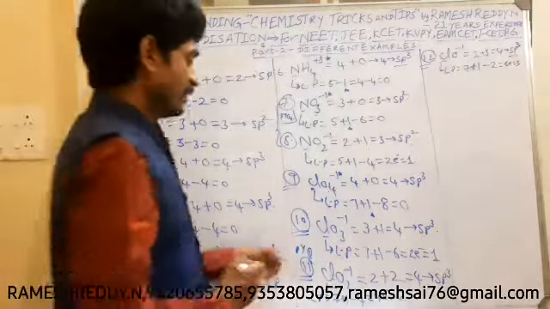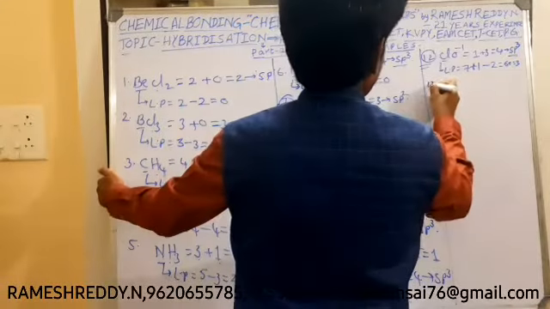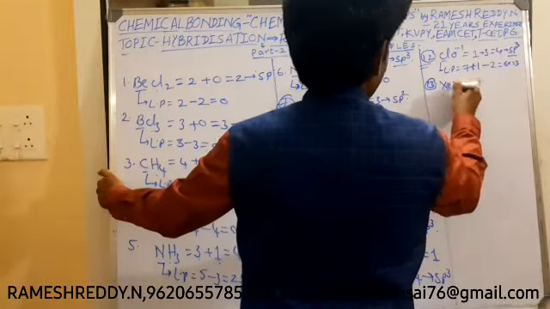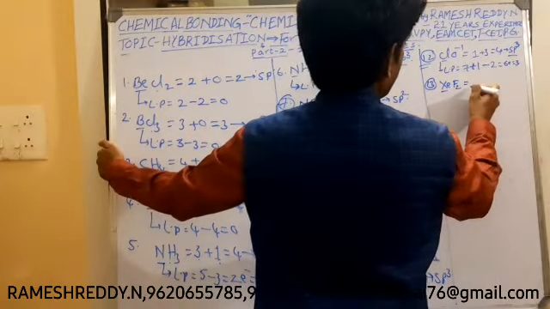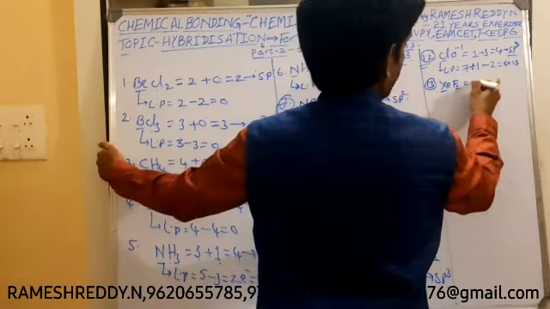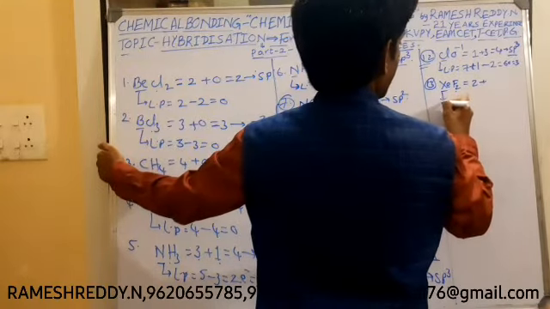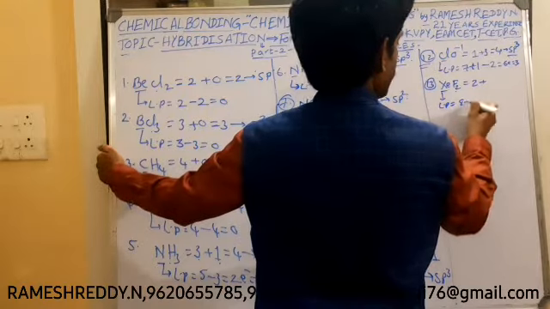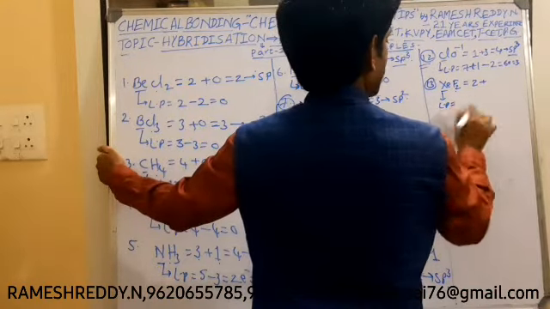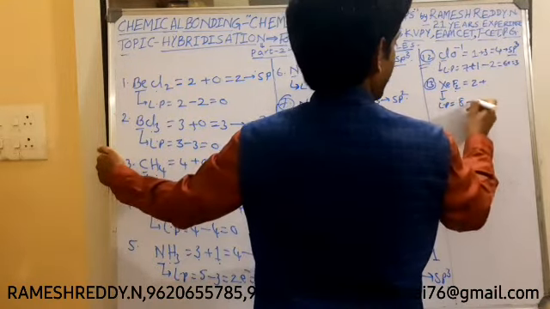Got it? Next, another molecule, take XeF2. The central atom is xenon, and the bonded atoms are 2 fluorines. So how many lone pairs does xenon have? Valence electrons of xenon are 8.